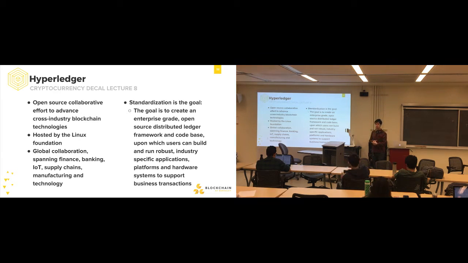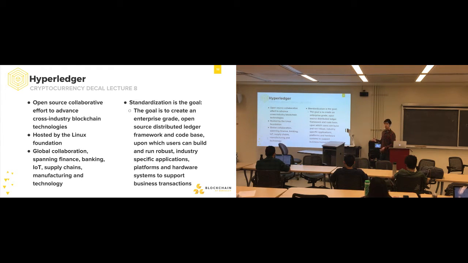HyperLedger is basically an open source collaborative effort. It's trying to advance cross-industry blockchain applications and technologies, and it was hosted by the Linux Foundation, but companies like IBM are also a big part of this.